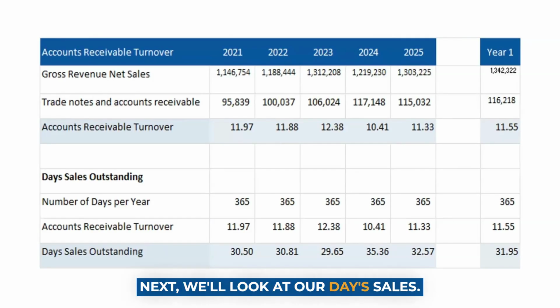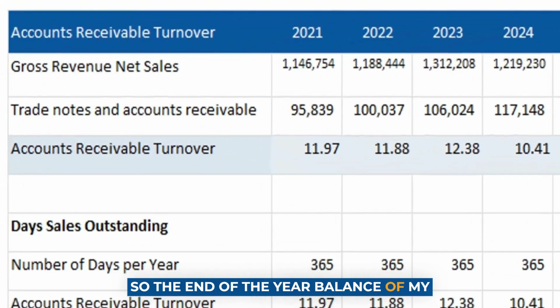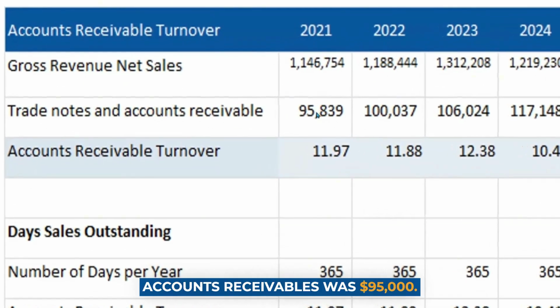Next, we'll look at our days sales. Now we've bought our inventory and now we're going to sell it. We take our accounts receivable and we're doing the same thing. We're going to find the turnover. How often do we collect those $95,000? So the end of the year balance of my accounts receivable was $95,000. My gross revenue was $1,146,000. $1,146,000 divided by $95,000 is 11.97.